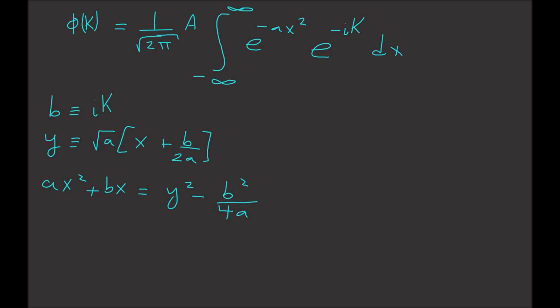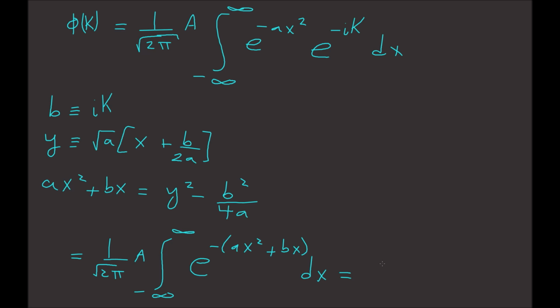So now I can rewrite the above integral as 1 divided by square root of 2 pi times A times the integral from negative infinity to infinity of e to the minus a x squared plus bx, right, where b is minus ik, dx.